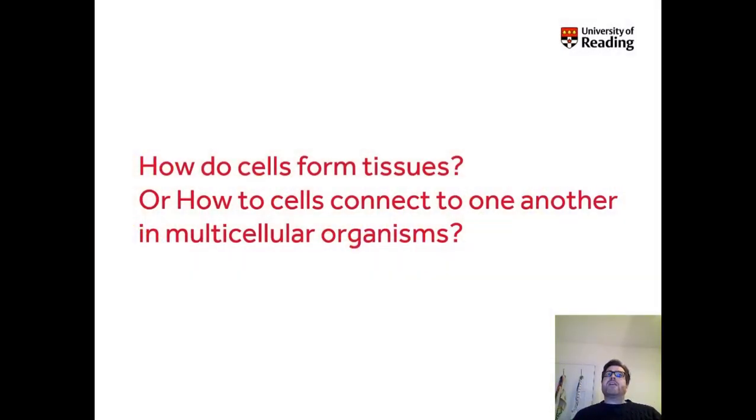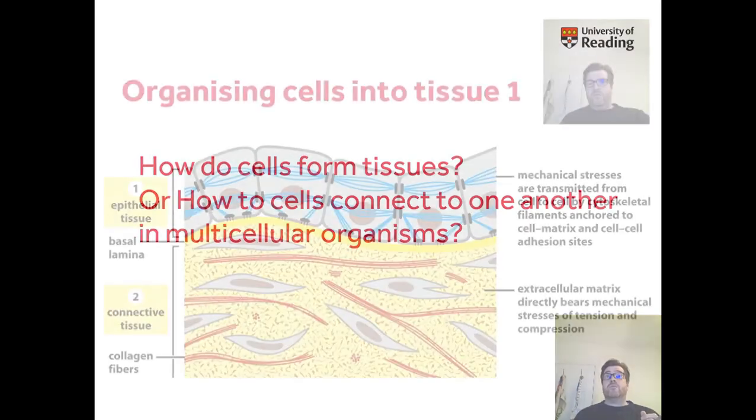And this really relates to how cells form tissues, because in order to form tissues and organs, and multicellular organizations, we need to figure out how cells are actually able to couple to one another, and also how that aids communication.